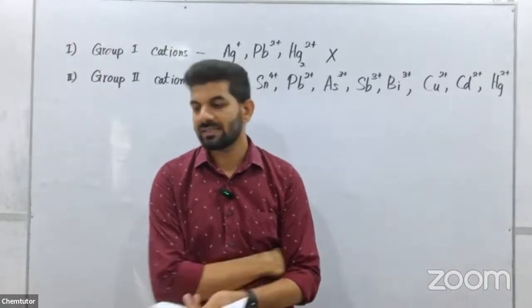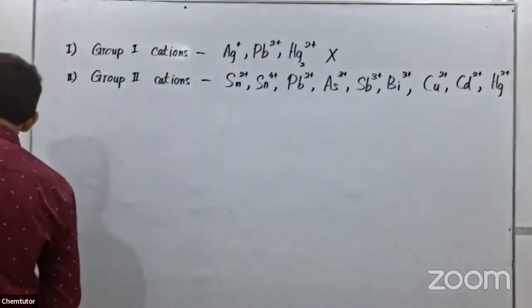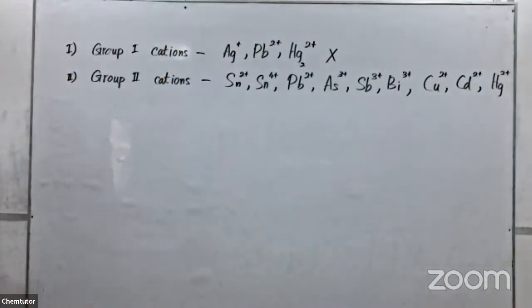Is it clear? Only zinc sulfide, cadmium sulfide, manganese sulfide, and iron sulfide dissolve in dilute HCl.